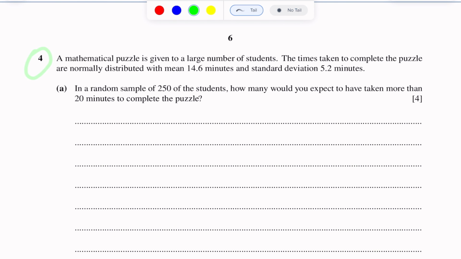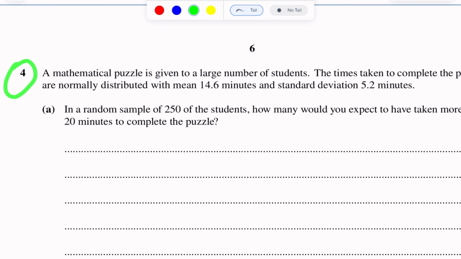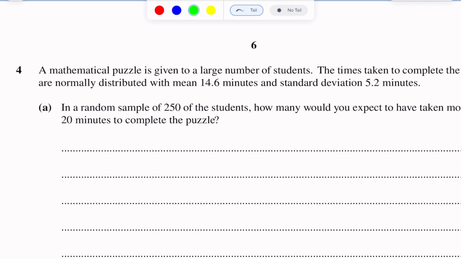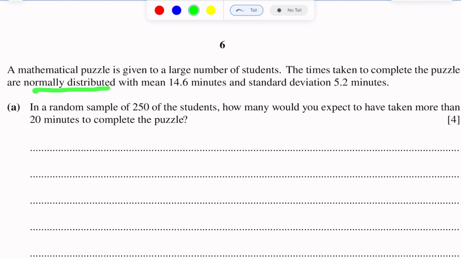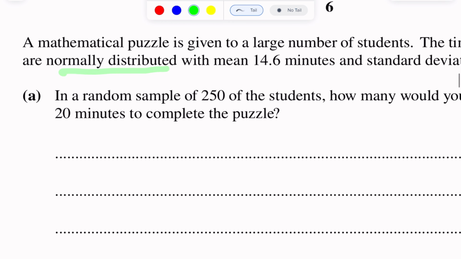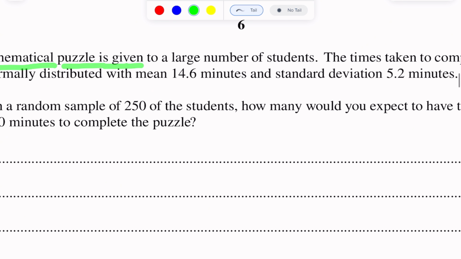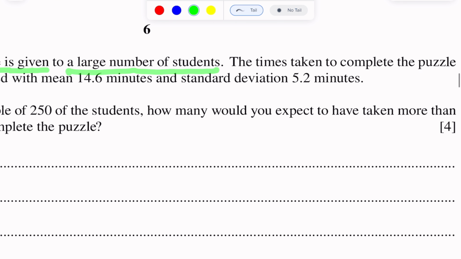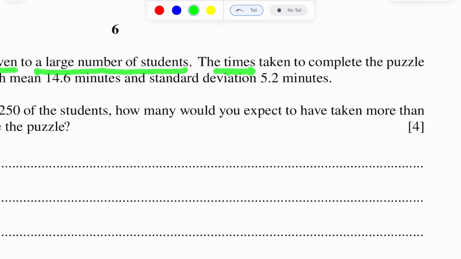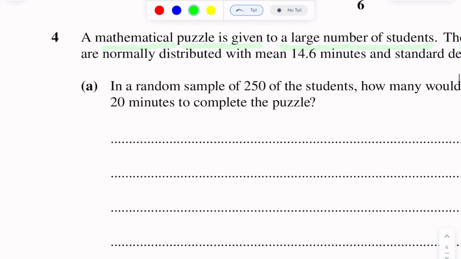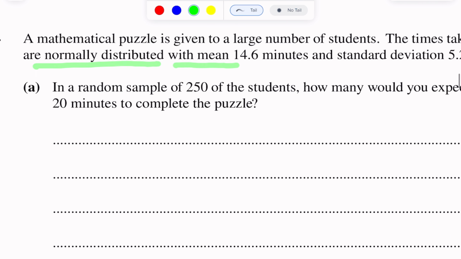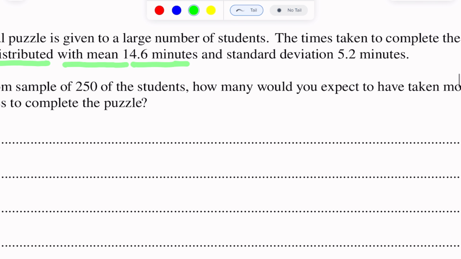Question number 4. This question is of normal distribution. A mathematical puzzle is given to a large number of students. The times taken to complete the puzzle are normally distributed with mean 14.6 minutes and standard deviation 5.2 minutes.